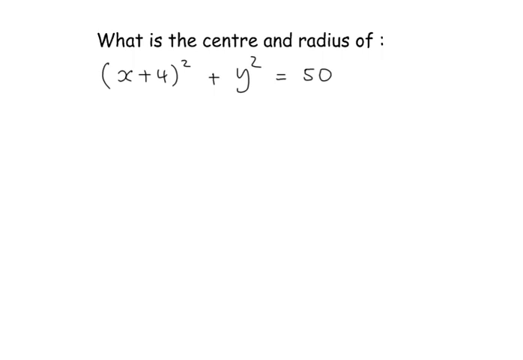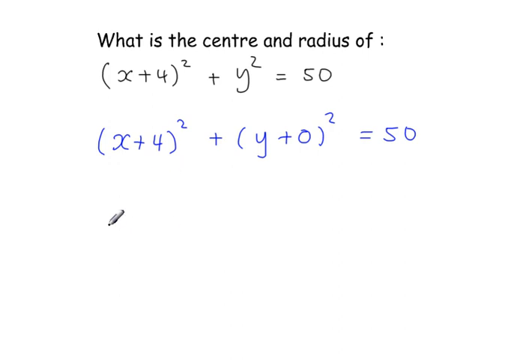Now this circle here looks a bit unusual. The equation doesn't have anything for y there, so you can think of it like this. So it's like there's a 0 there. Won't make any difference whether you put a plus or a minus there.